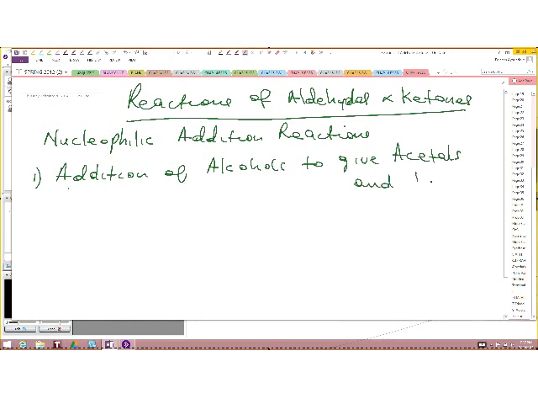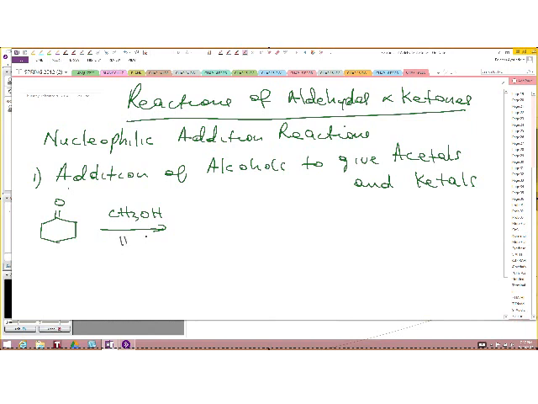and ketals in the case of ketones. If you have this ketone here, and I have this, just take a regular methanol, okay?